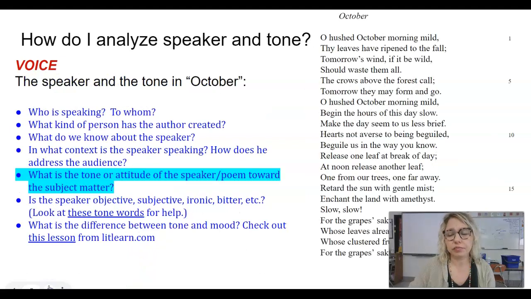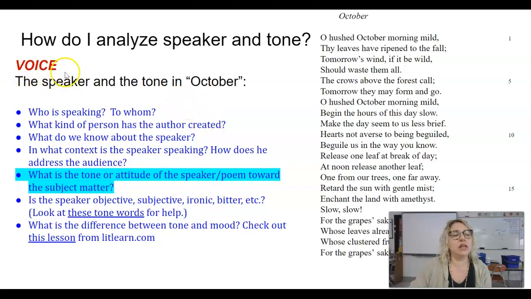Speaker and tone. When we read October, we determined through SCASI who the characters were, and we talked about the speaker as a character. These are some questions you can ask about the speaker to determine more about the voice. These are listed already in your Understanding Poetry questions, so you don't have to write them down.